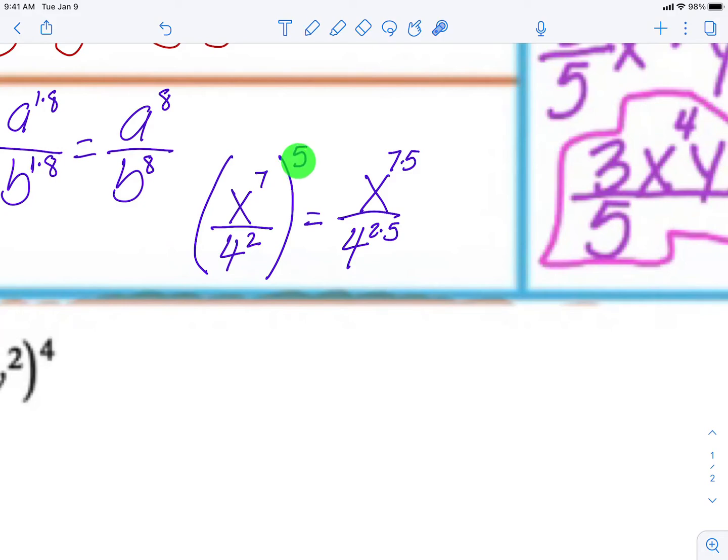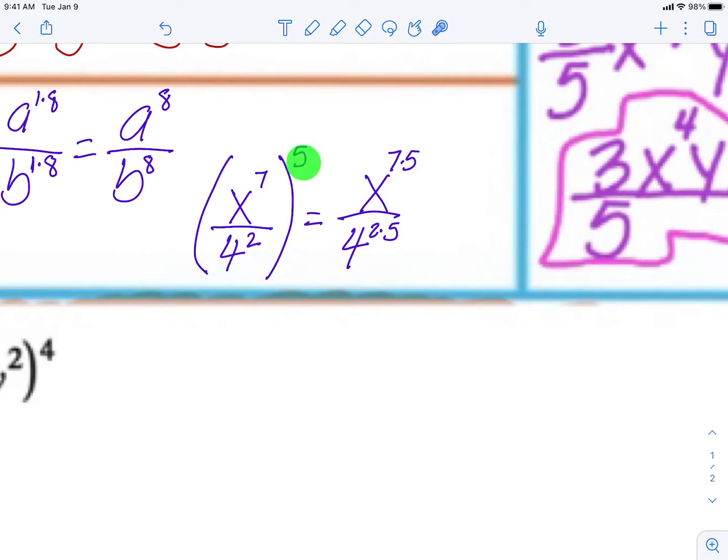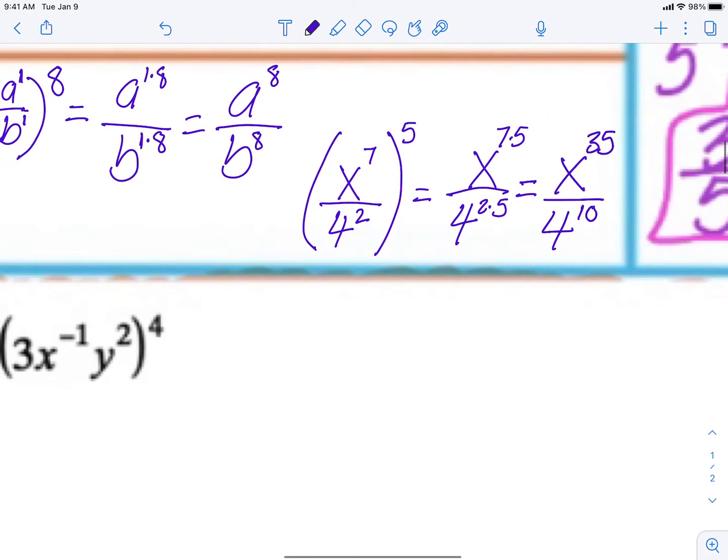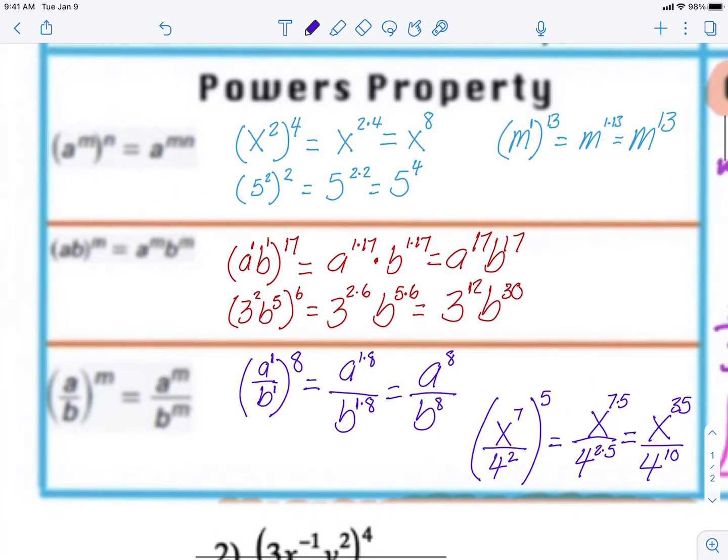This 5 multiplies with 7, and it also multiplies with 2. So we get x to the power of 35 over 4 to the power of 10. And there you go. And those are the powers property.